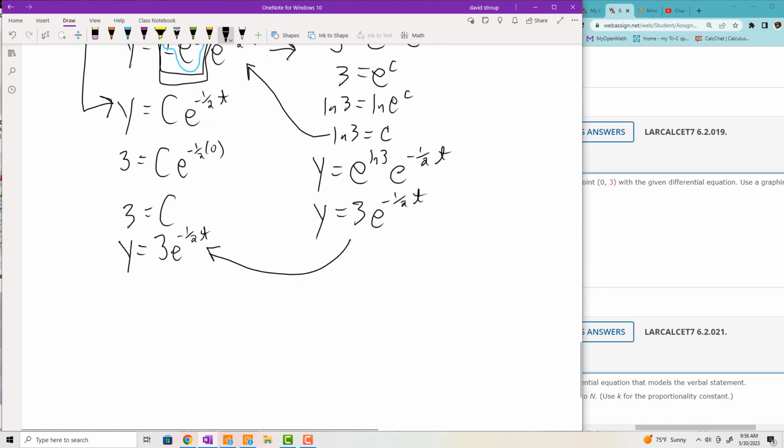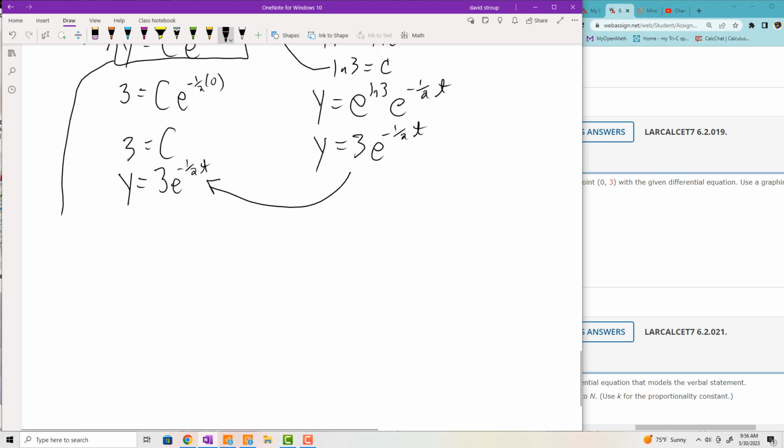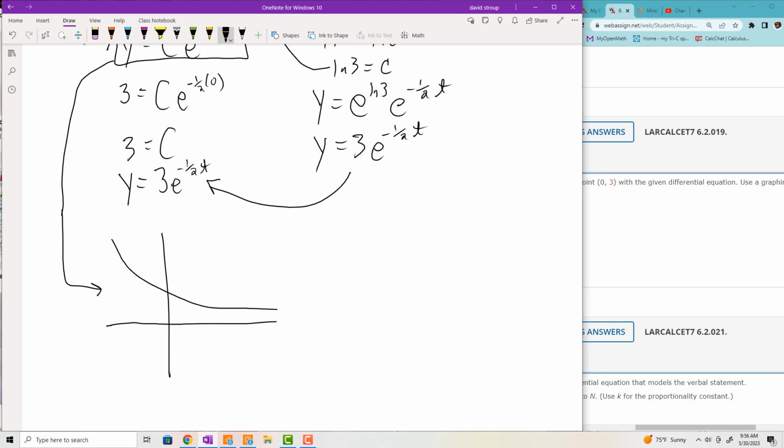The actual solution, if I wanted to graph this thing right here, is going to be a family of curves in the plane. It's not what you're used to, right? It's not just one particular curve in the plane. It's not just going to be this, or rather something like this. That's not what that thing represents.